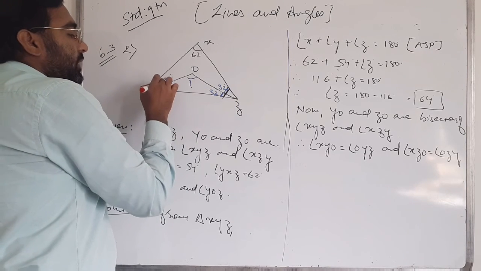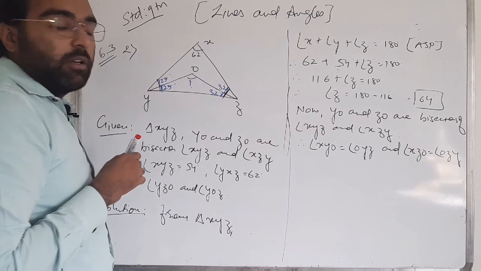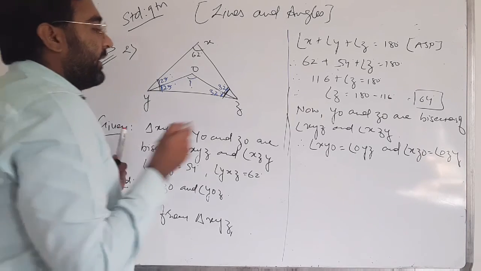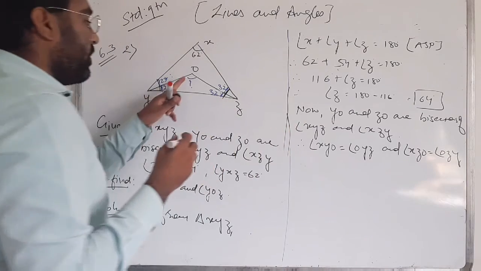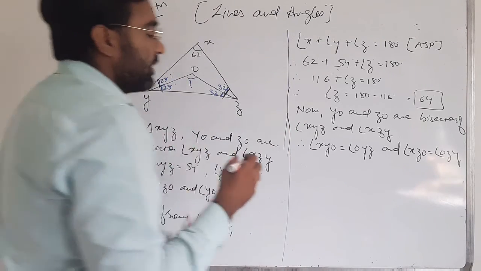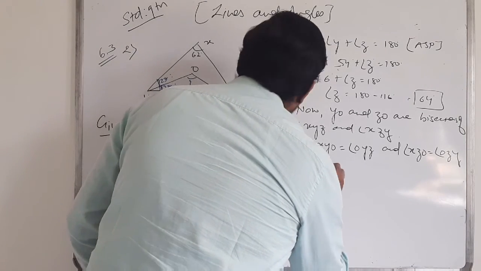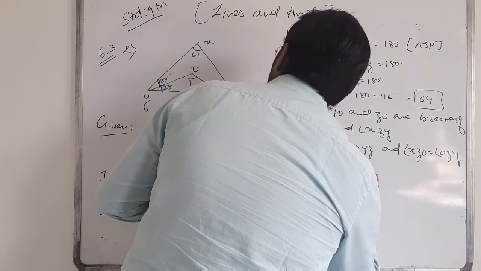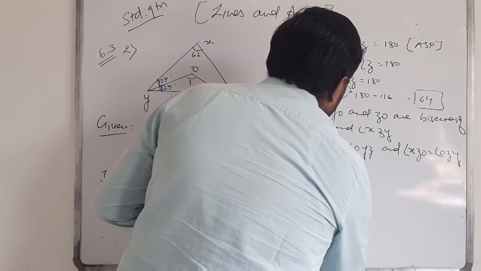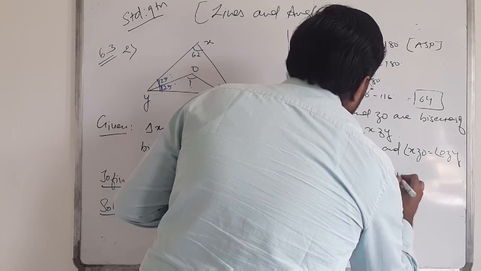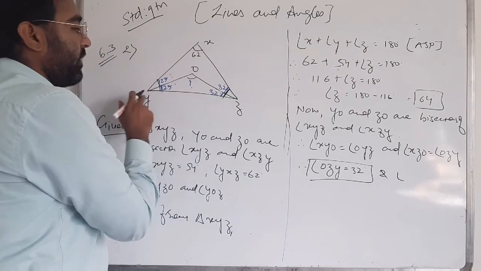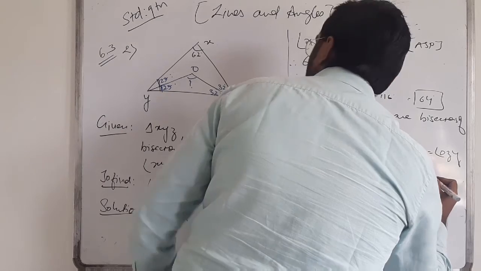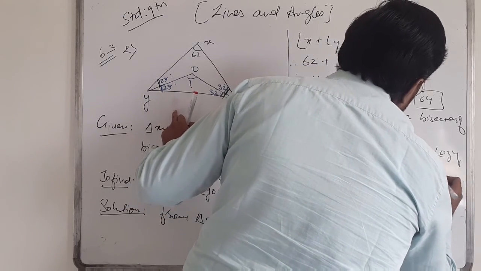This part of the angle is 27 and this part is also 27. So angle OZY is equal to 32 degrees, and angle OYZ is equal to 27 degrees.